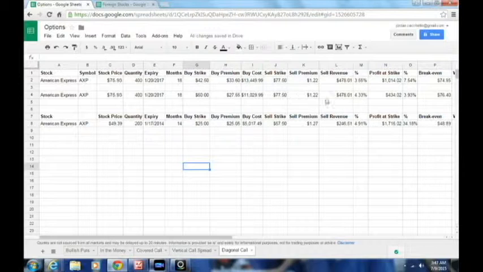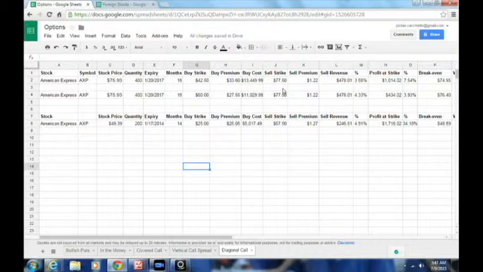Now I'm getting much less premium, obviously, because I'm only going out 1 month as opposed to 18. However, this premium is still a good percentage of my initial cost. So 3.55% or 4.33% of my initial buying cost.